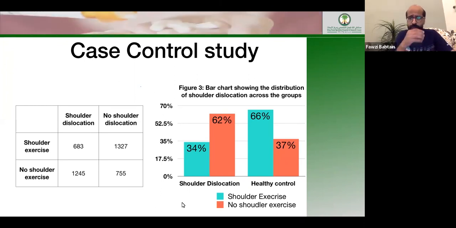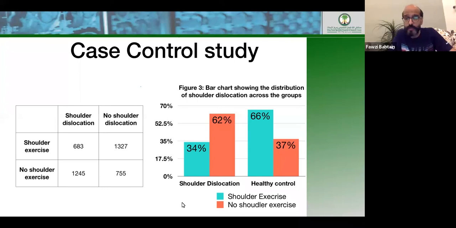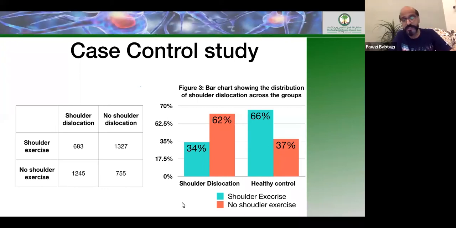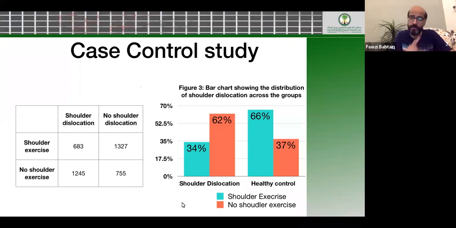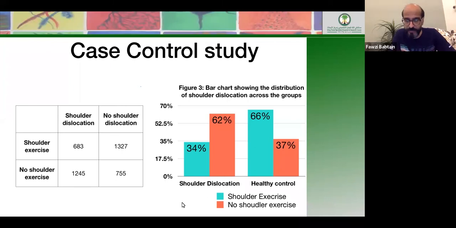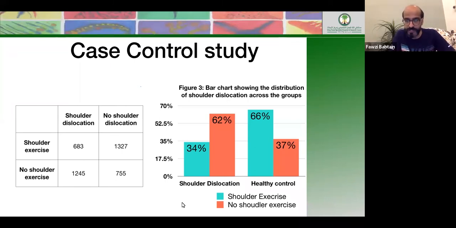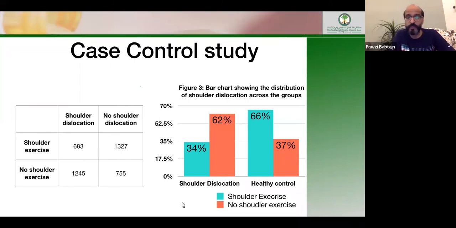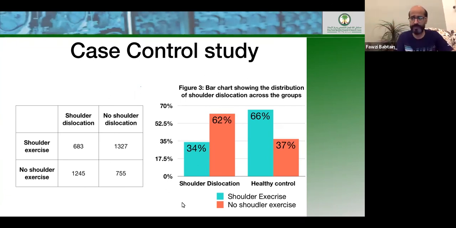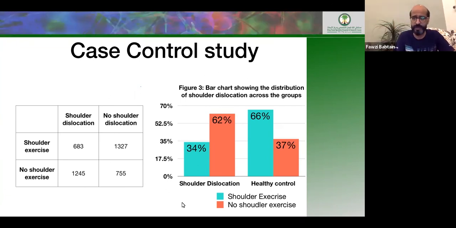Those who had shoulder dislocation, 62% of them never had a shoulder exercise versus 34% of shoulder dislocation who had the exercise. So looking at this, as if the shoulder exercise leads to less shoulder dislocation. Right? And the other way around, a healthy control, you can think of the same thing.